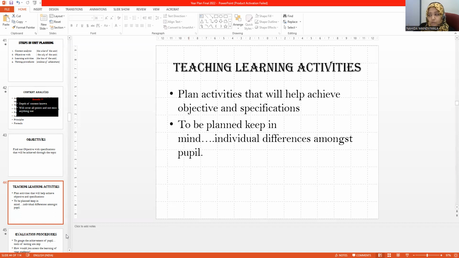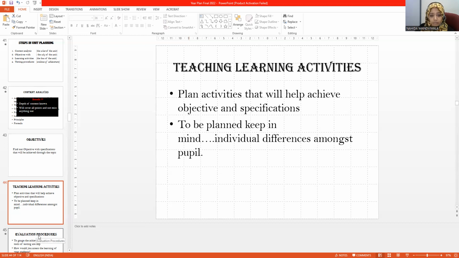So when you are deciding on your teaching learning activities, you also have to decide on the teaching aids which will best provide a learner centered and life centered approach to your teaching learning process. You will use the right learning resources which will ensure that learning is taking place in an effective manner, and there is variety in your teaching learning experience.